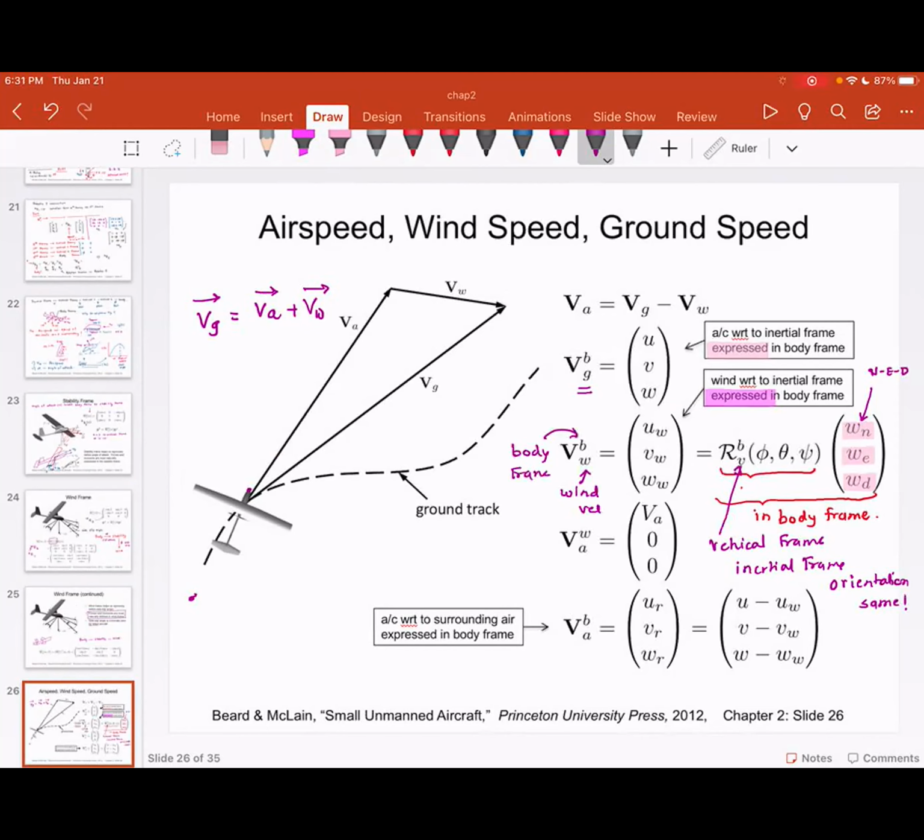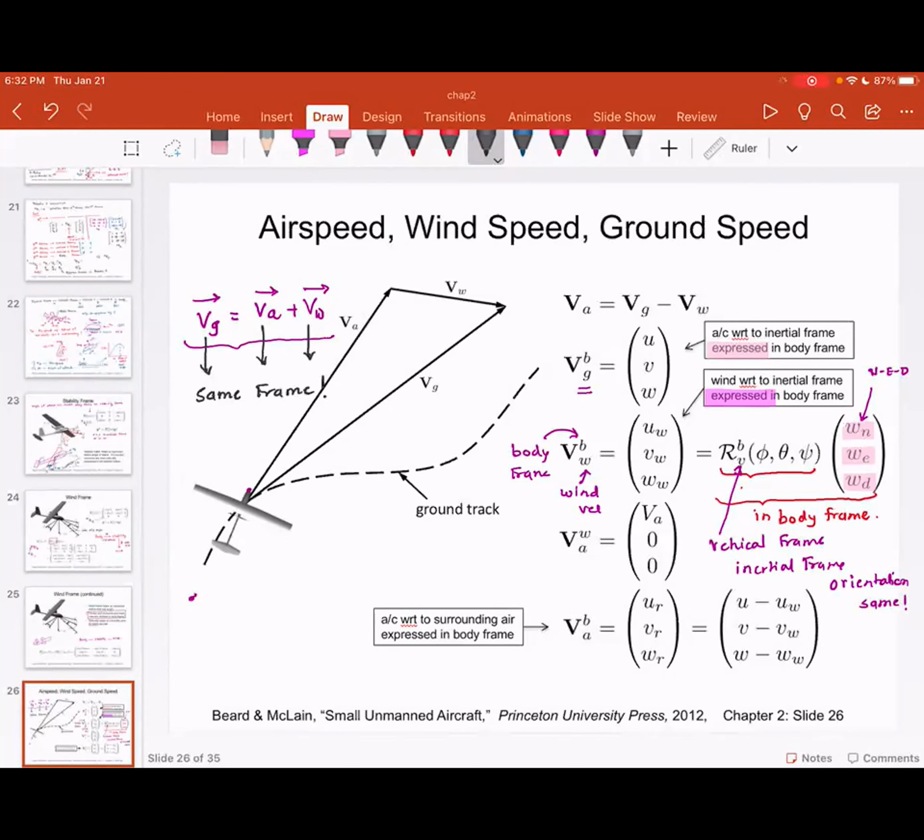So what we are trying to do here is this expression: Vg is equal to Va plus Vw. This is a vector equation and this is valid. But to solve this vector equation, Vg, Va, and Vw should all be in the same, consistent frame. Unfortunately, Vg, the ground speed given by GPS, is given in the inertial or vehicle frame.